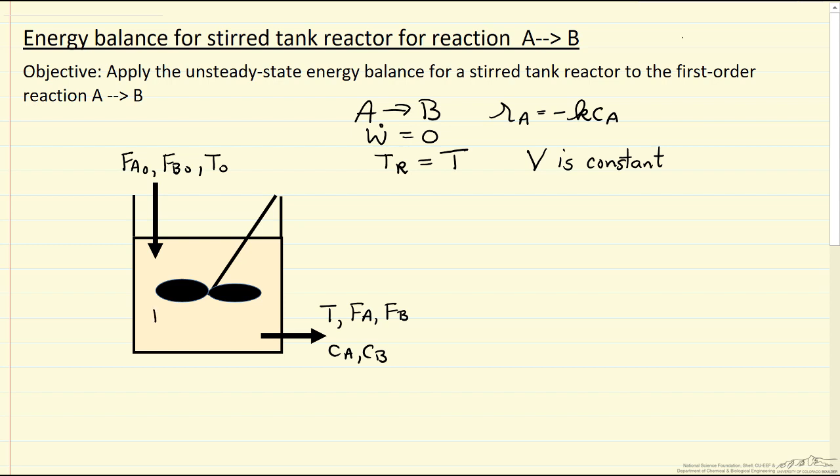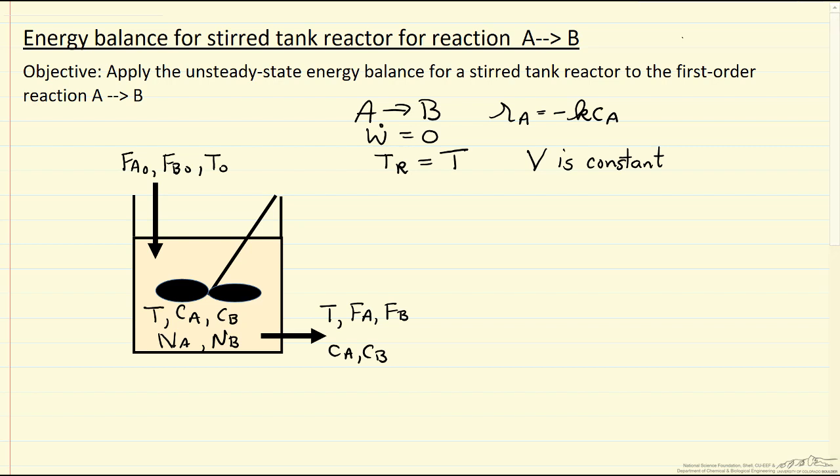Now inside the reactor, temperature is the same as leaving. Concentration of A, concentration of B is the same as leaving. And then N sub A is the number of moles of A in the reactor. N sub B is the number of moles of B in the reactor.